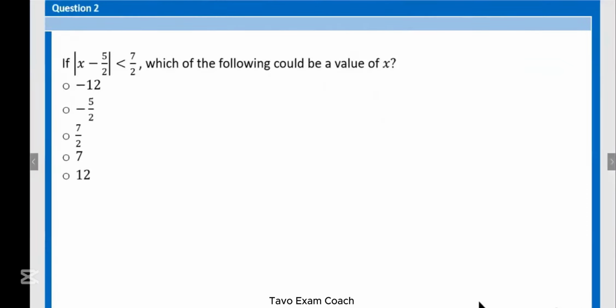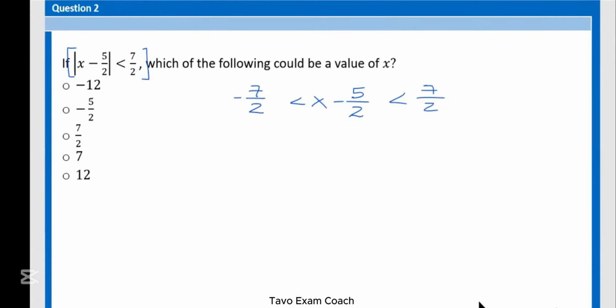Let's check question 2. If the absolute value of x minus 5 over 2 is less than 7 over 2, which of the following could be a value of x? Let's first understand what is the range of values for x in this inequality. If the distance of x minus 5 over 2 to 0 is less than 7 over 2 units, then it follows that x minus 5 over 2 should be greater than negative 7 over 2 and less than 7 over 2.